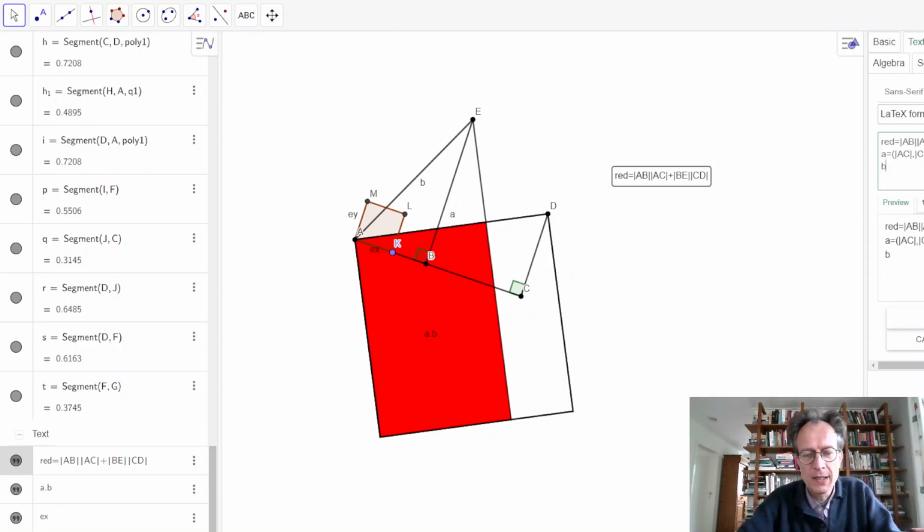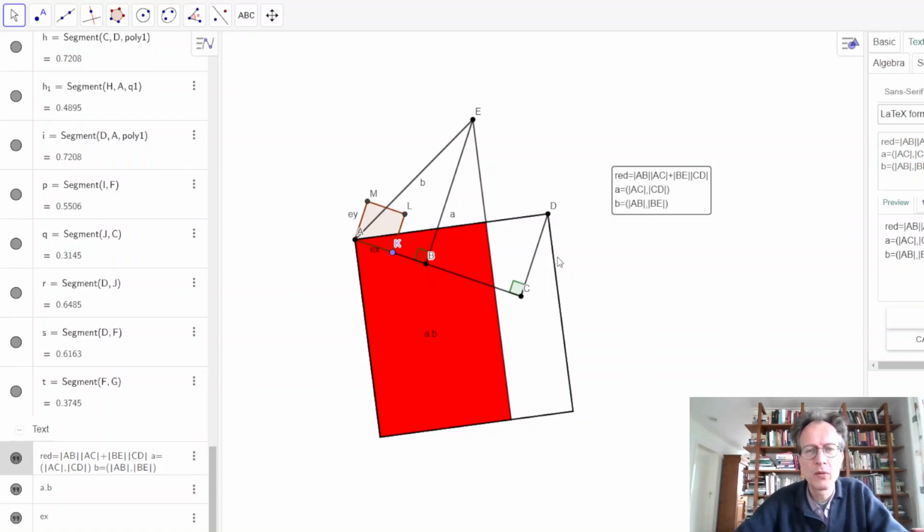Similarly we can find the coordinates of B: the X coordinate is AB and the Y coordinate is the length BE. So those are the coordinates of the two vectors in the system along this orthonormal basis.